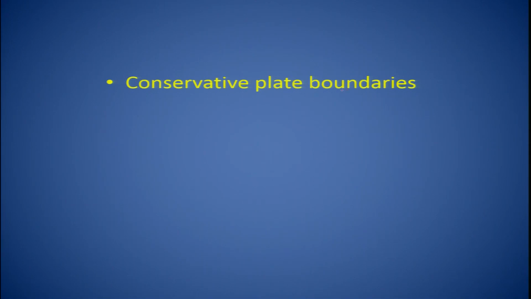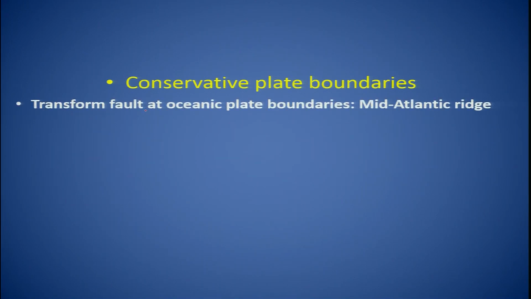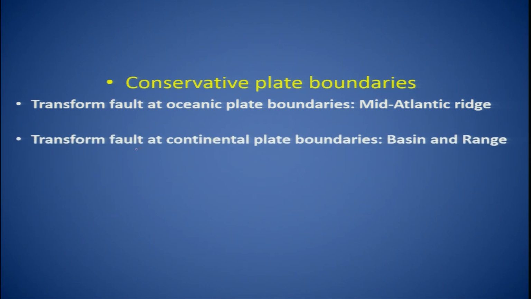So conservative plate boundaries: transform faults at oceanic plate boundaries. We have the major one, the mid-oceanic or mid-Atlantic ridge. Transform faults at continental plate boundaries we will see mostly in the Basin and Range, and along passive margins, like for example the Bay of Biscay.